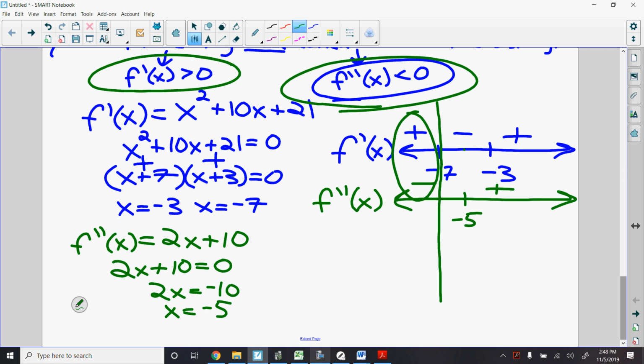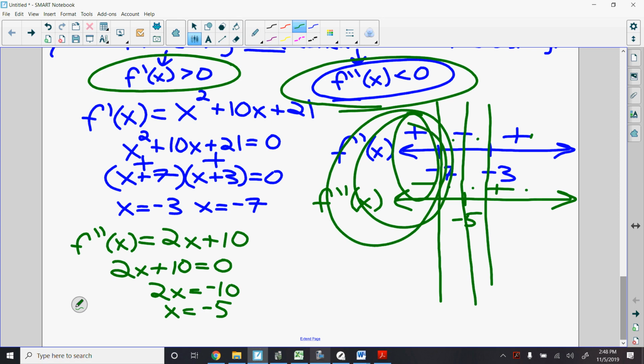This region right here, we have minus for f prime, minus for f double prime. This region right here, we have minus for f prime, plus for f double prime. This region, we have plus and plus. So the only place where f prime is both positive and f double prime is negative would be this region over here.